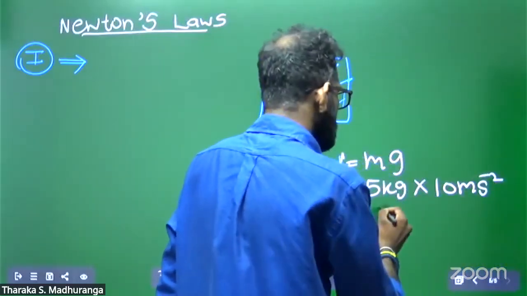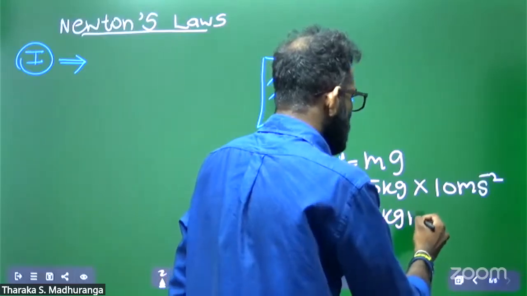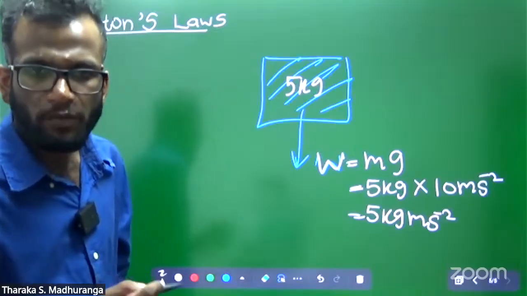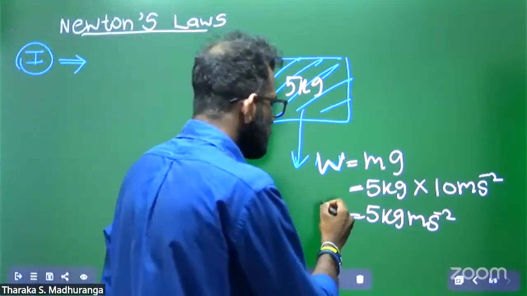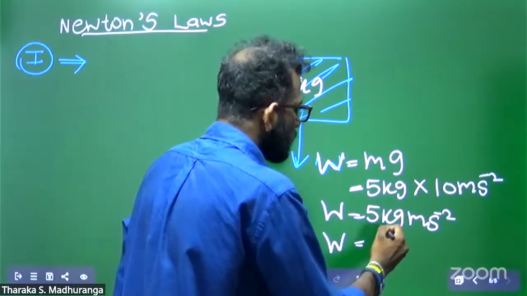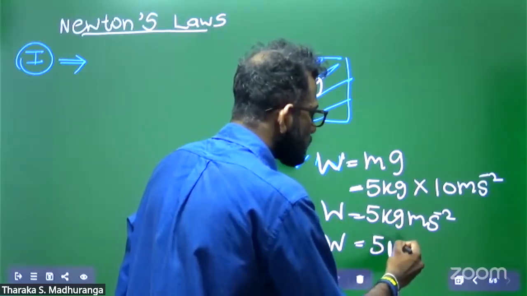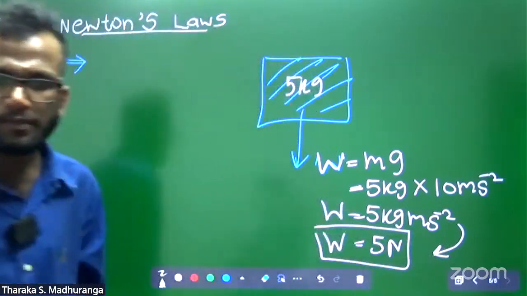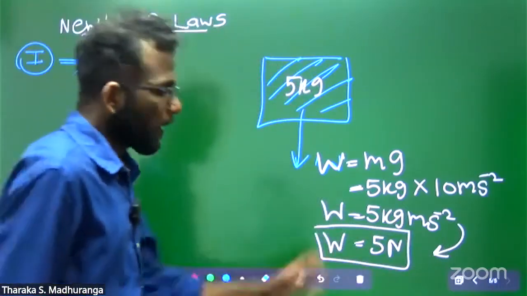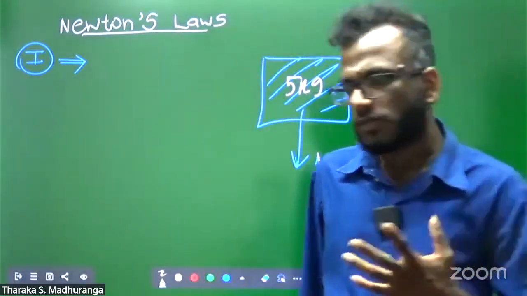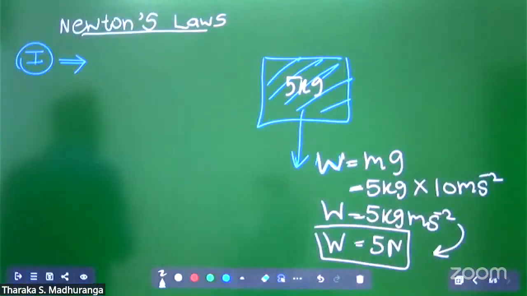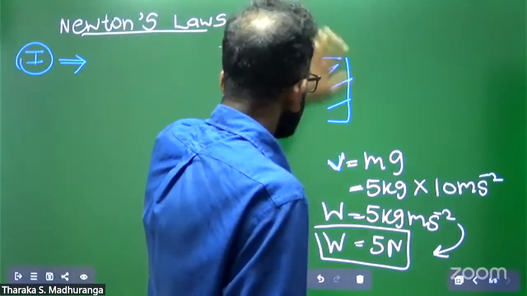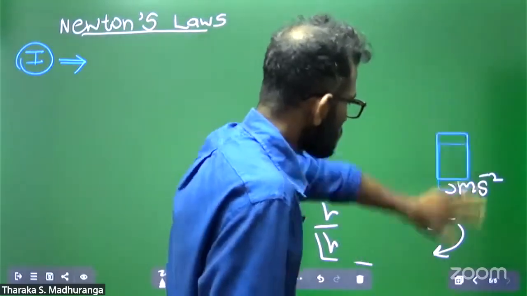Then 5 kg ms minus 2 is the answer. Then the weight we call 5 Newton, out of respect for Newton. Understood, mate? After we discuss Newton's law, you can get the full solution for these questions.